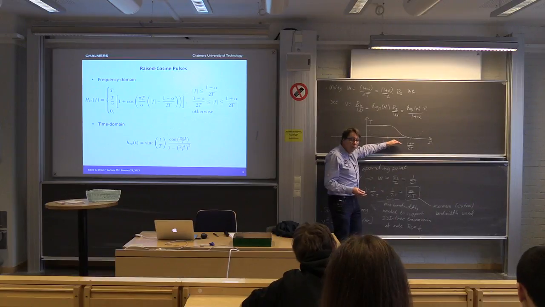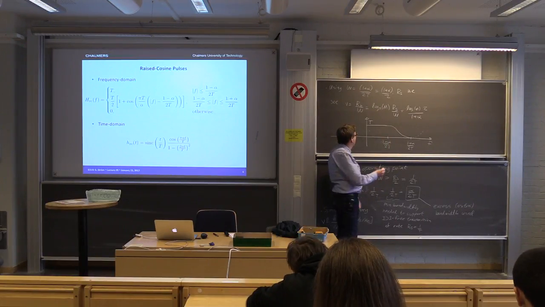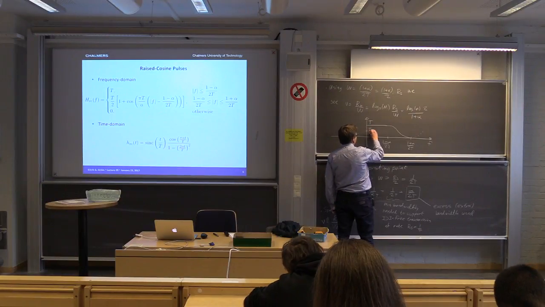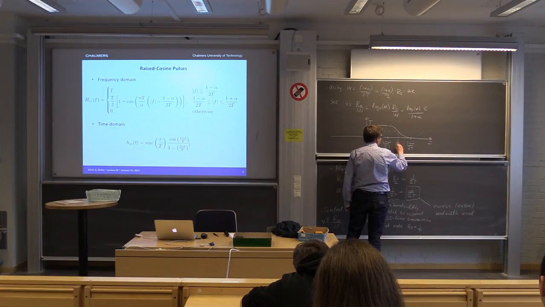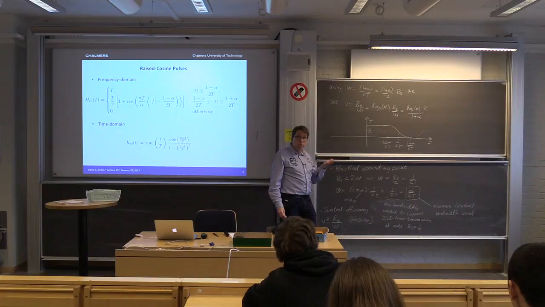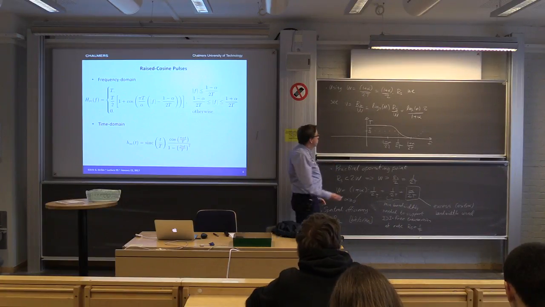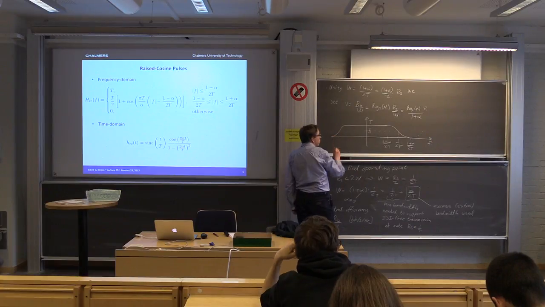It's a cosine which we lift off the axis with T over 2. So it's quite symmetric here. So T over 2 here, it will happen in the middle here. Okay. So that's the raised cosine spectrum. And just to complete it, it's symmetric on the other side here.